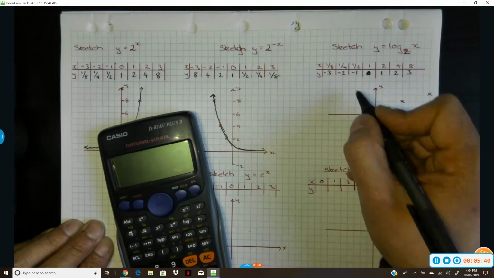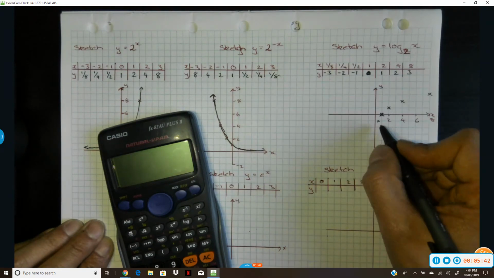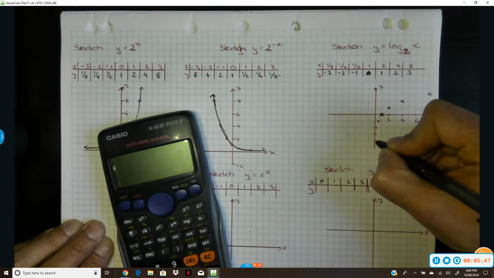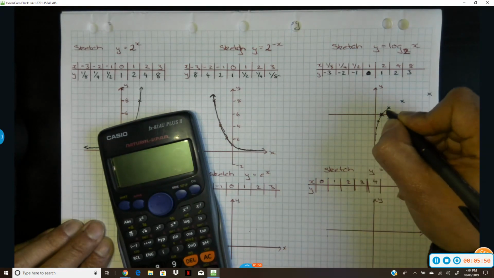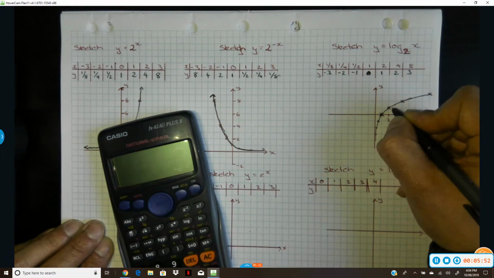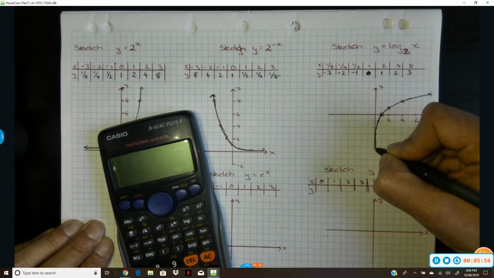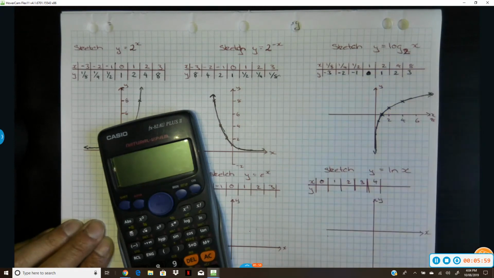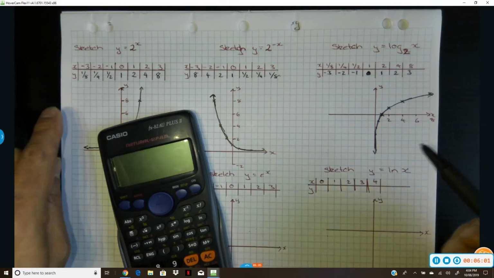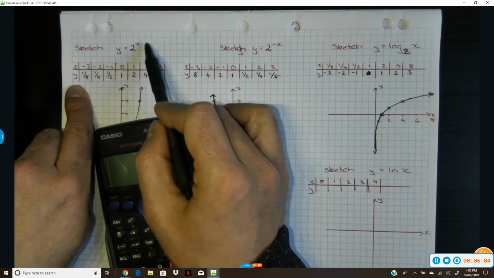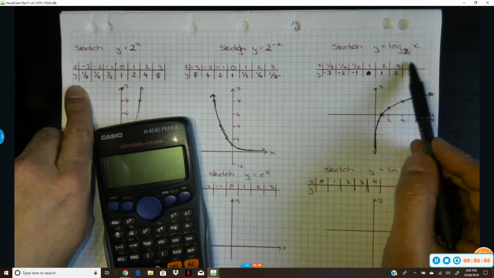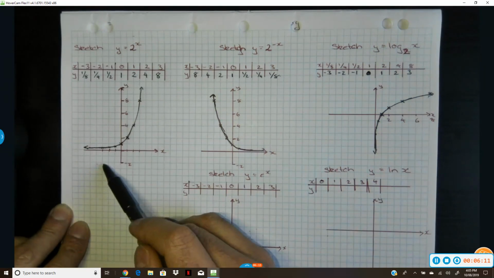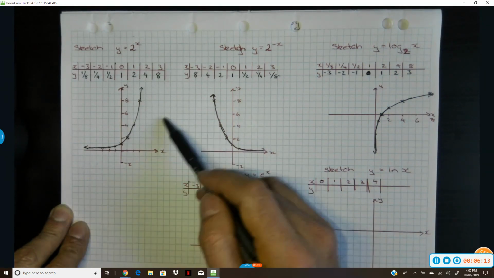At a quarter, I should get negative 2. And yep, so I should get something that looks like this, and there's your log 2 of x. As I said, this is the inverse of this and vice versa, and they reflect about the line y equals x.